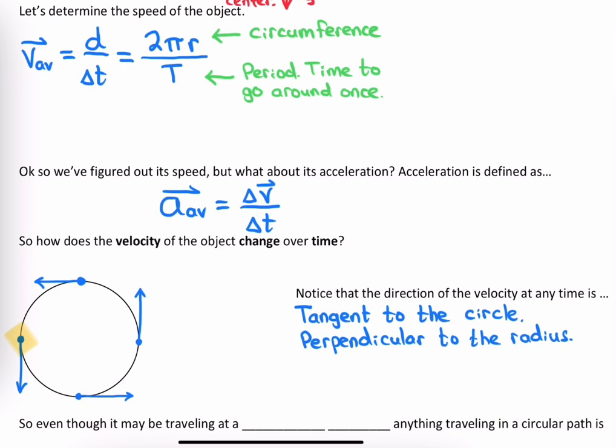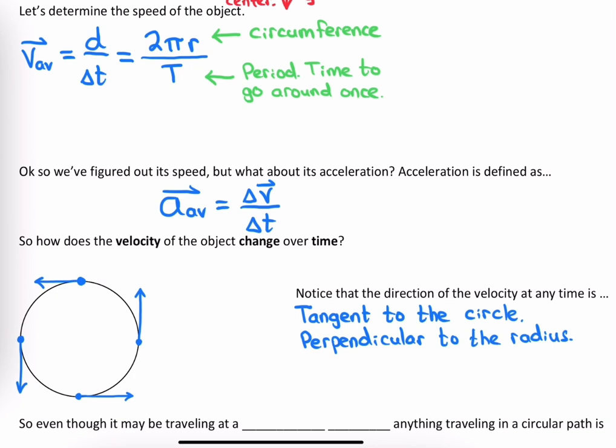And where the velocity needs to go a little while later is to the right. So what's the change in its velocity going to look like? Well, it needs to go more to the right. So the change needs to be to the right, and because of that, it turns out that the acceleration at this moment in time is to the right.